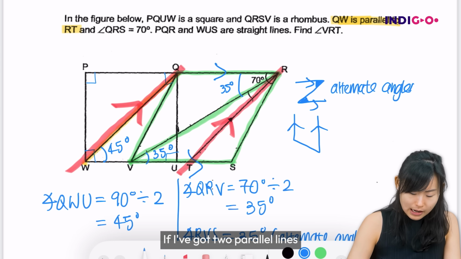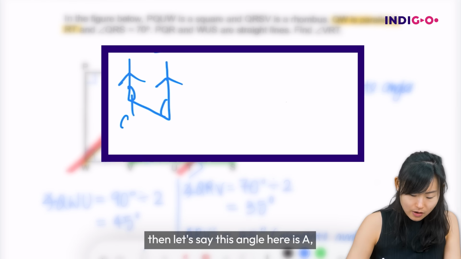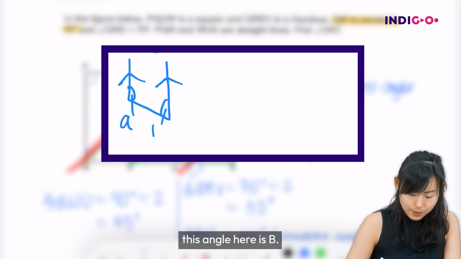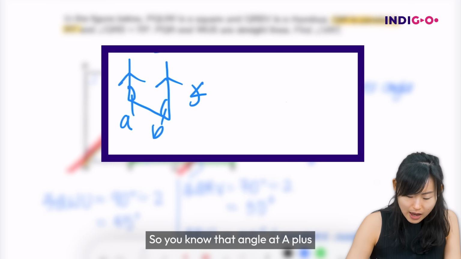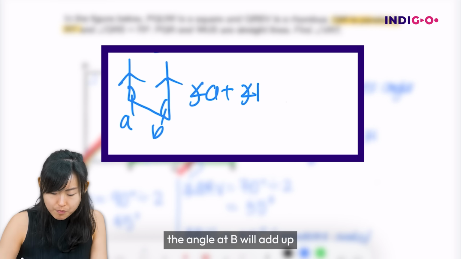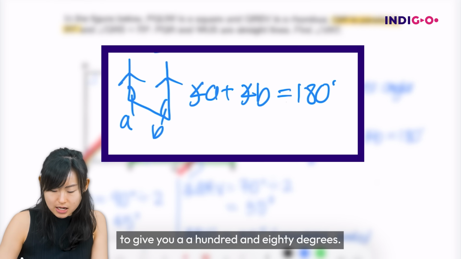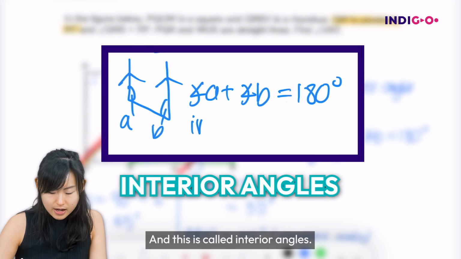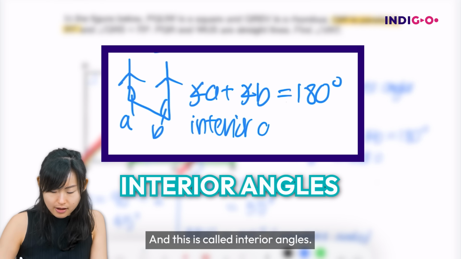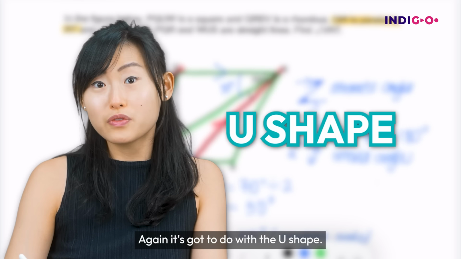If I've got two parallel lines, then let's say this angle here is A, this angle here is B. So you know that the angle at A plus the angle at B will add up to give you 180 degrees, and this is called interior angles. Again, it's got to do with the U shape.